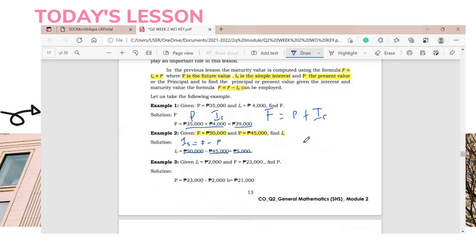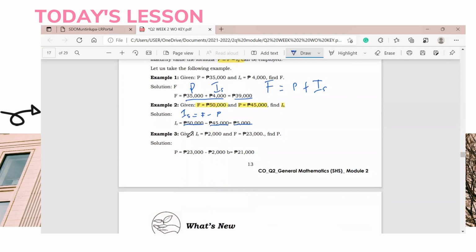So, that's it. In number 3, the given are the simple interest and the future value. This time, we will look for the principal amount. The formula for that will be P is equal to the future value minus the simple interest, and their difference will be the principal amount.